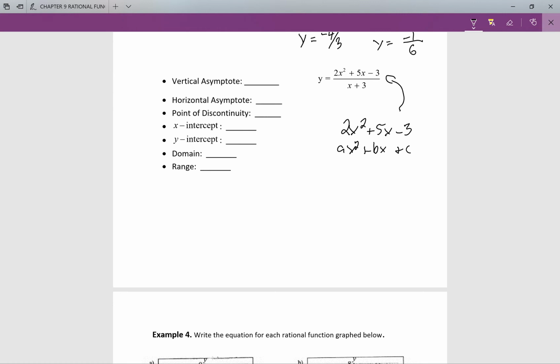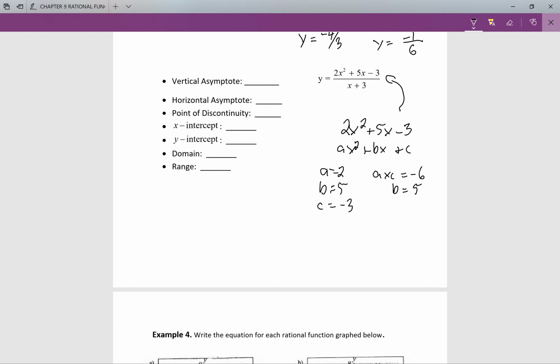So a equals 2, b equals 5, and c equals negative 3. So a multiplied by c equals negative 6, and b equals 5. I'm looking for two numbers that multiply out to negative 6 and add up to positive 5, and then I'm going to use those two numbers to break up my middle term.